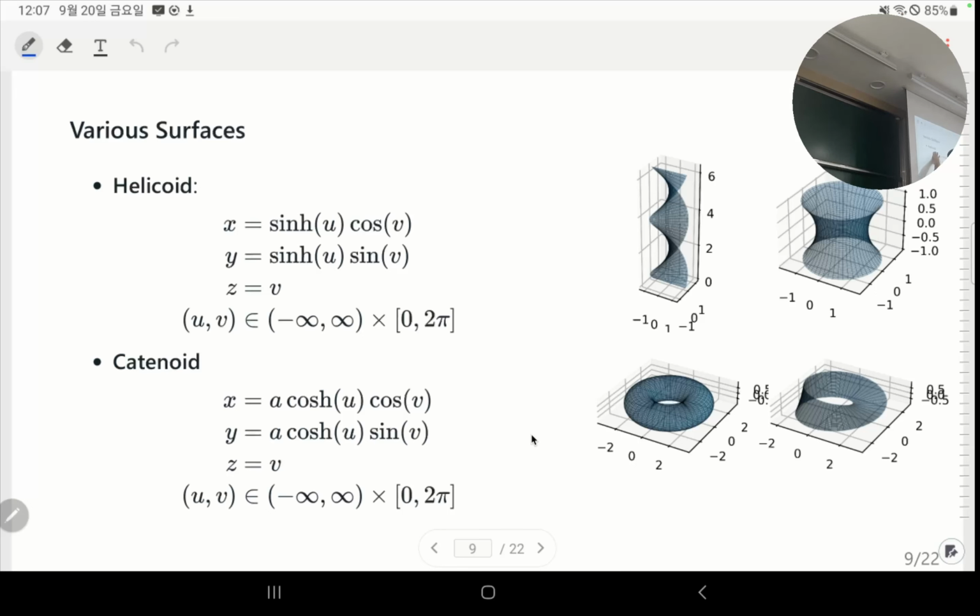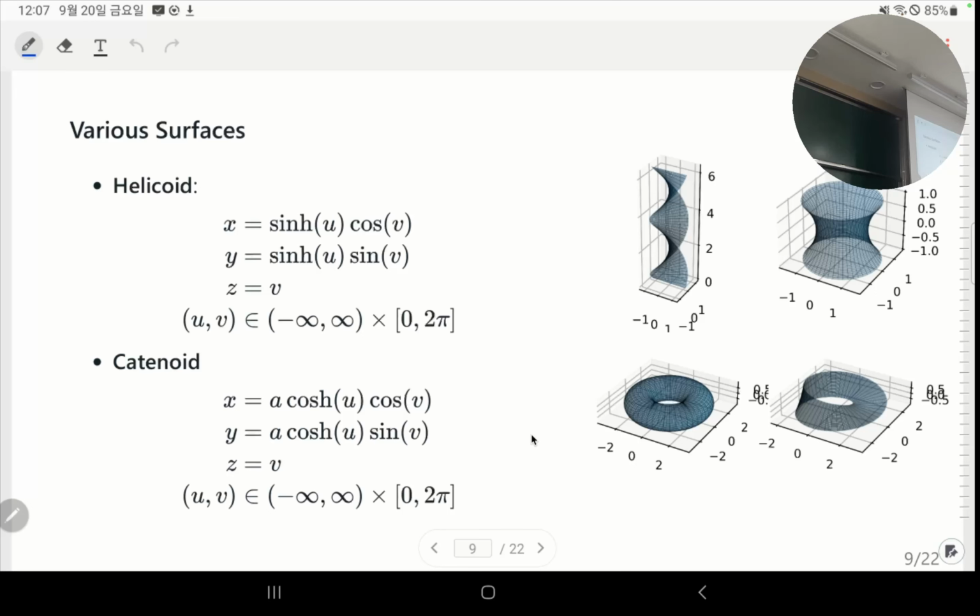The helicoid is parameterized by these equations. So u, v are ranging in here. Of course, I cannot draw an infinite interval, so you have to restrict the interval, in this case 0 to 2 pi, or 4 pi, I think. And v only ranges from 0 to 2 pi because v goes into the sine and cosine.